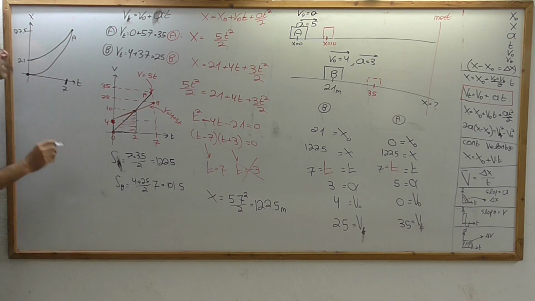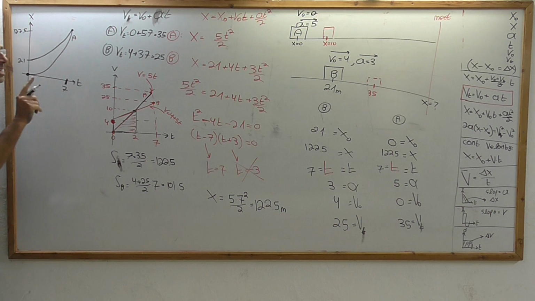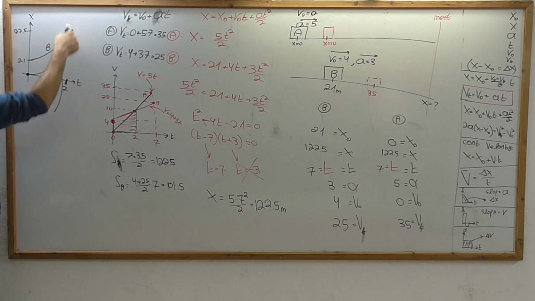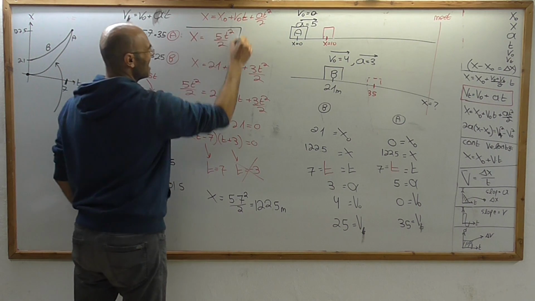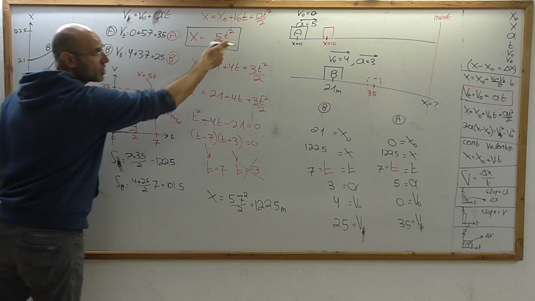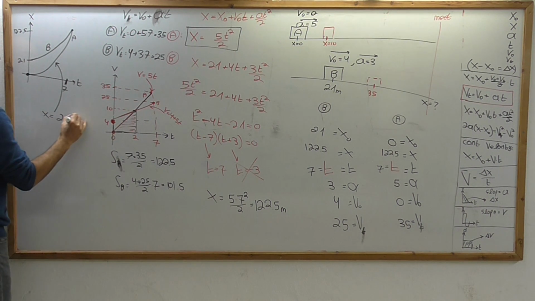Now, if you know a little higher math, you can see something very nice. This is A, this is B. The equation for this part is x as a function of t: x equals 2.5 t squared.